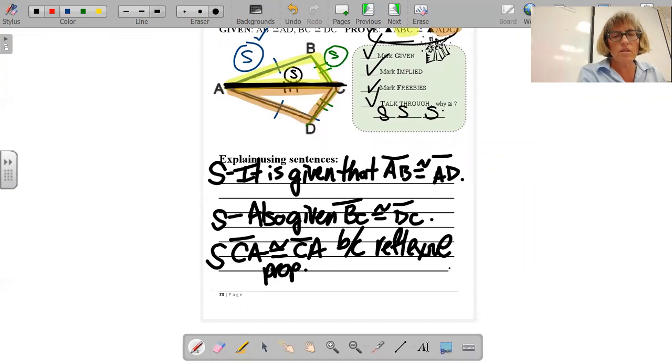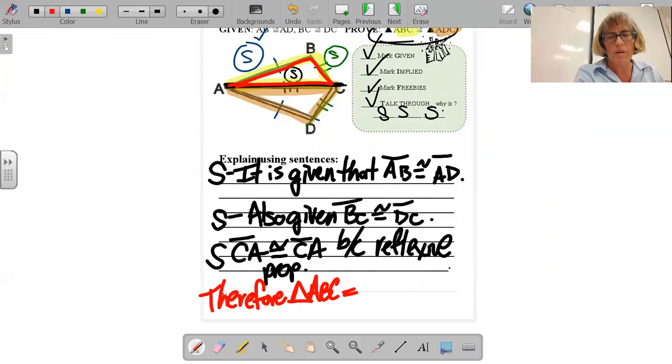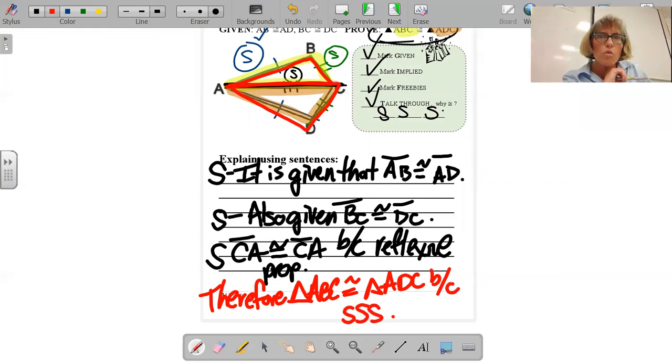Therefore, triangle ABC is congruent to triangle ADC because of the side, side, side triangle shortcut. Check your work. If you got it correct or something similar, check, check, check. If you missed a step, write it in red pen so I can see those corrections.